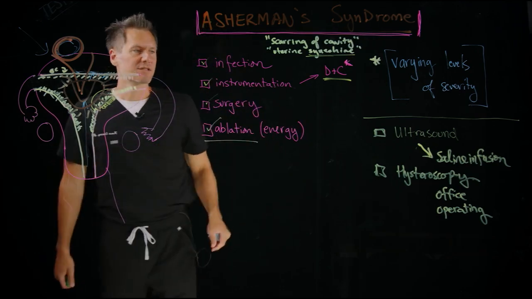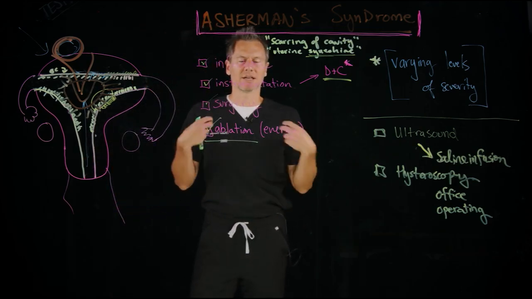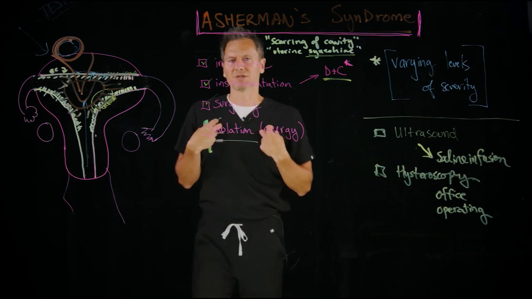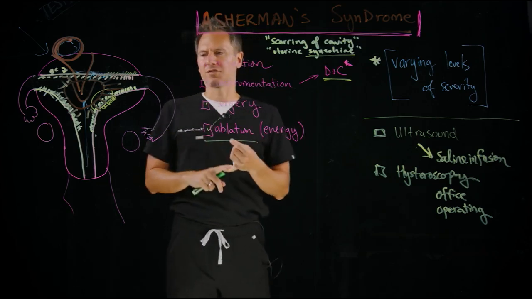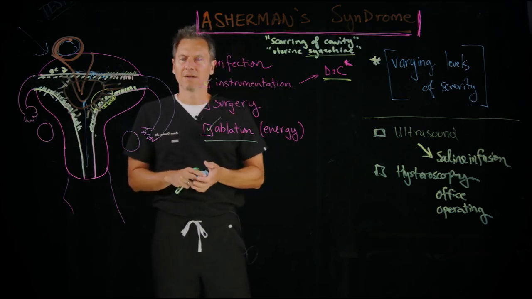So these are all the causes, or perhaps the most common scenarios that I see, and that many physicians in my situation will see where there's any kind of uterine synechiae or severity like Asherman syndrome.